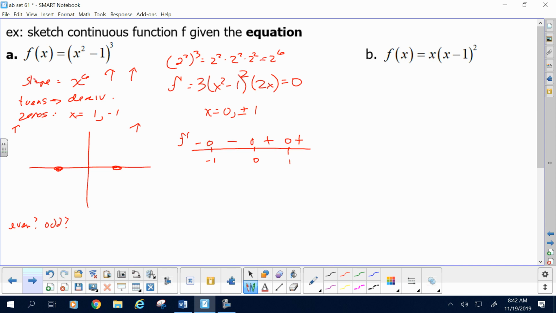Or because overall it's x to the 6. So, because of that, it's even. So what kind of symmetry does it have? Same on either side of the y-axis, yeah? So there's symmetry on either side of the y-axis. That's good. I've got some points. I've got some critical numbers. Now, should we do concavity? Let's start sketching and see if the concavity helps us.